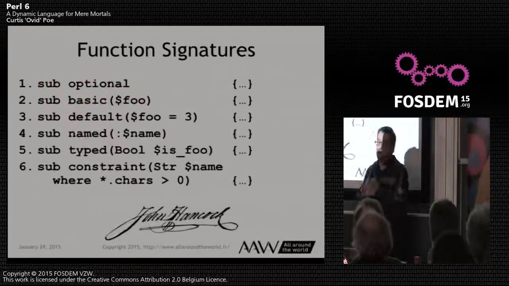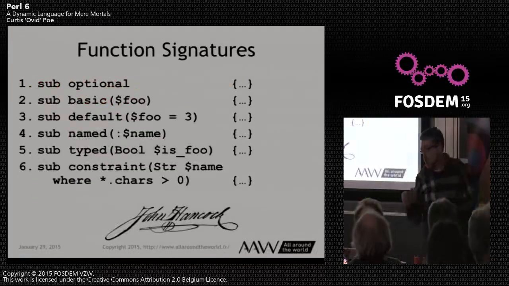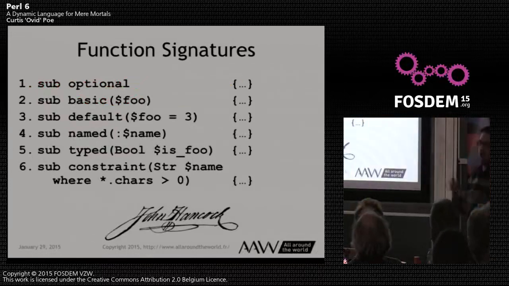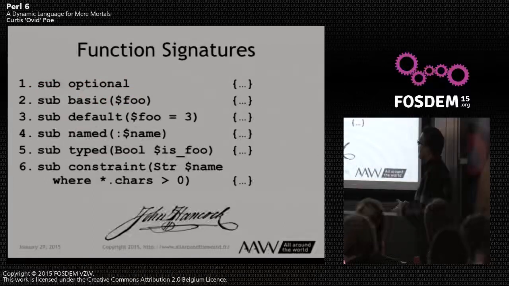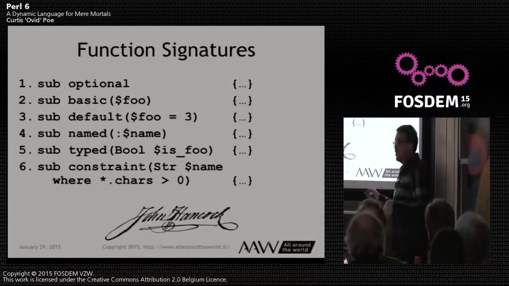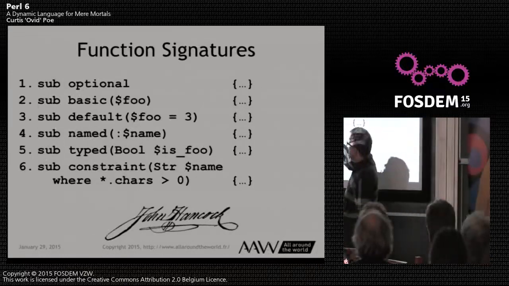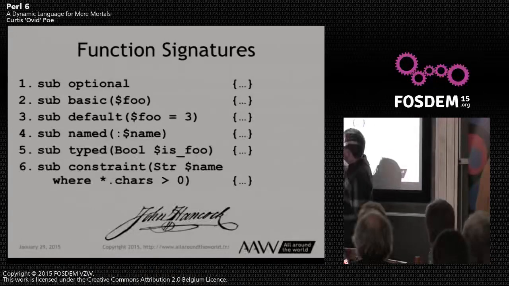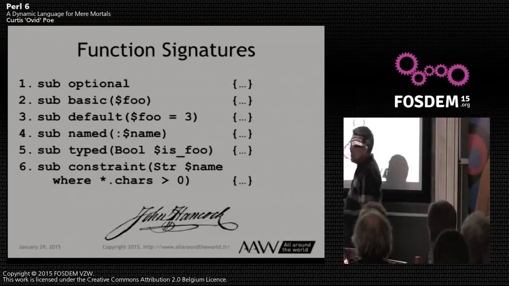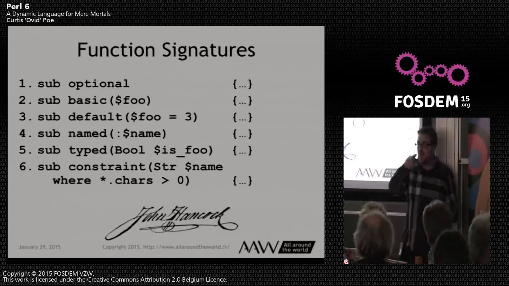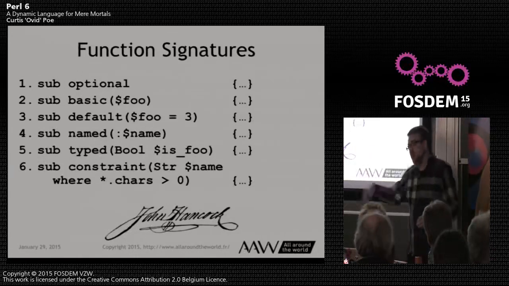So signatures. For popular dynamic languages, I'll just call those dynamic languages after this. You know, mainly we're talking about Ruby, Python, JavaScript, whatever. You get maybe, depending upon the language, 1 through 4. Optional, entirely optional. Basic ones, you just name the variable default. If you don't pass in foo, it'll have the value of 3. Named variables, you put a colon in front of that, and then you call it by name. You know, name, arrow, value.